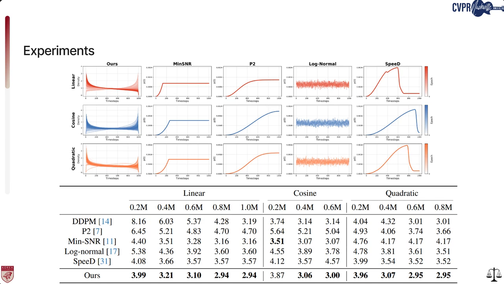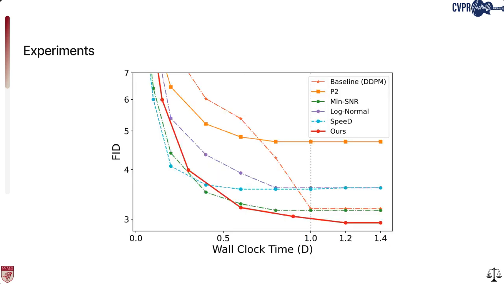As illustrated in the figure above, our method achieves robust performance by adaptively sampling time steps throughout the training process, whereas heuristic approaches rely on fixed sampling strategies. Furthermore, the figure here shows that our method also achieves faster convergence in terms of wall clock time compared to heuristic approaches.